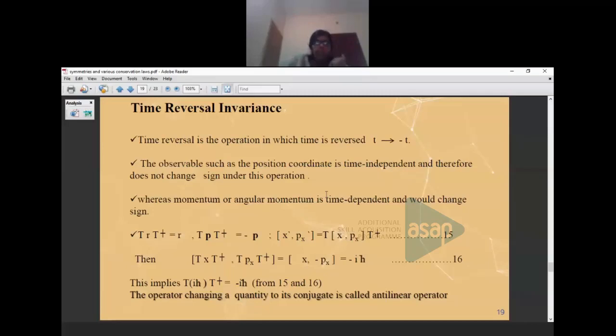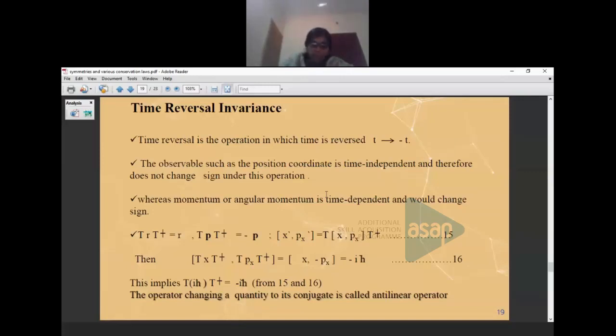Let us see. Now again we know an observable such as a position coordinate is time independent and therefore will not change under this operation. Again, this is a known thing because r is not depending on time, why should it change? But momentum is depending on velocity, and velocity is depending on time.